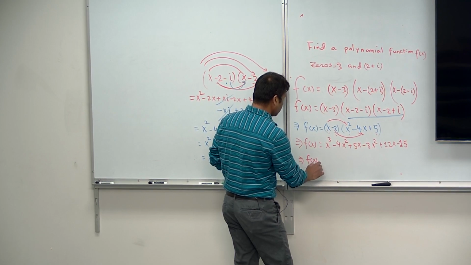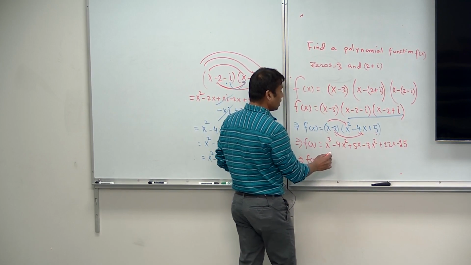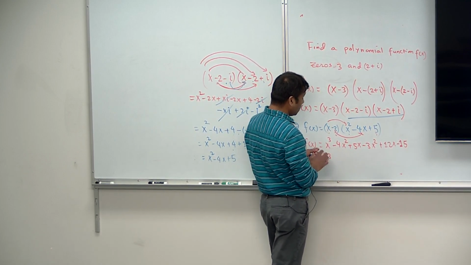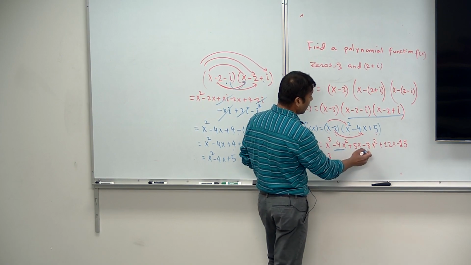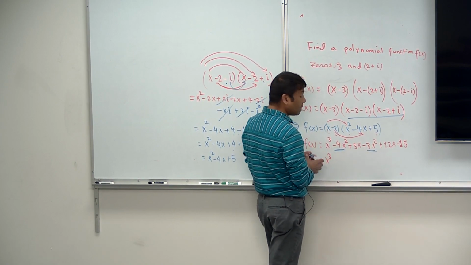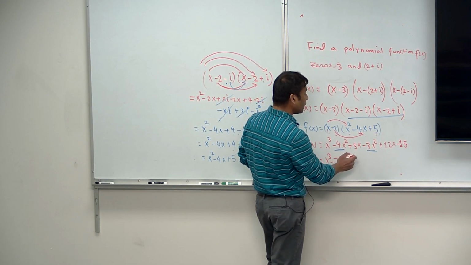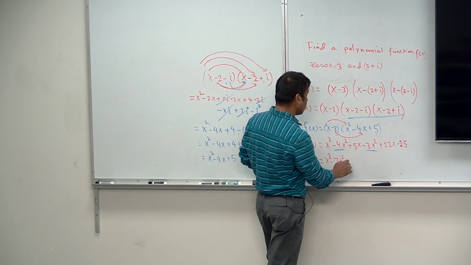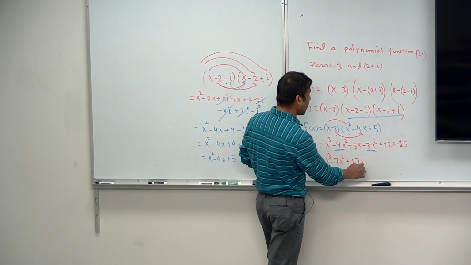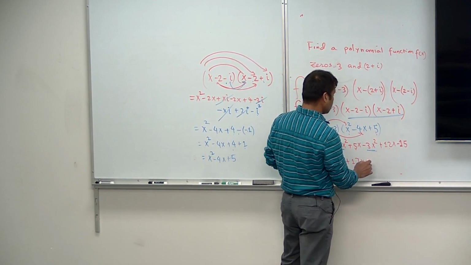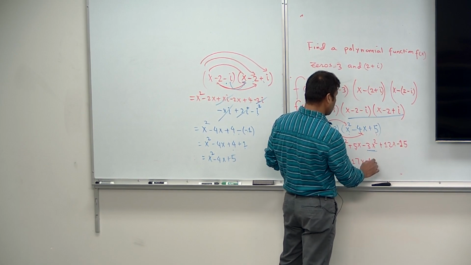So f(x) equal to x cubed. Now let's combine like terms: this negative 4x squared and negative 3x squared, so x cubed minus 7x squared. And this positive 5x plus 12x, plus 17x. And what is this? Minus 15.